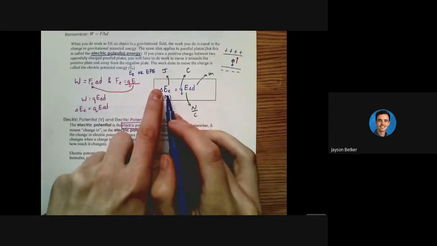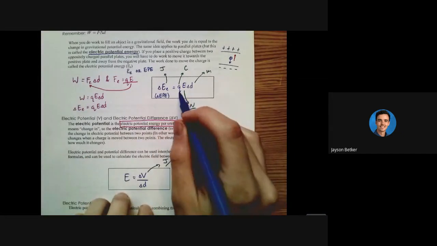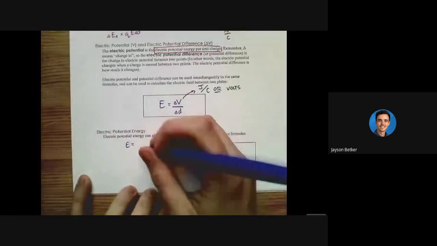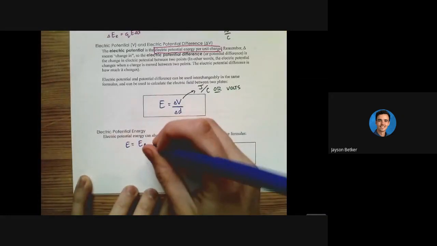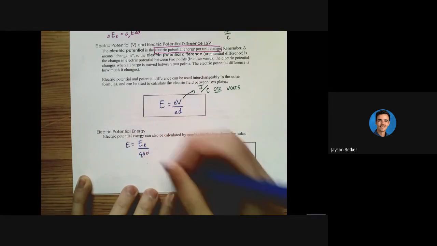So E from above is equal to the electric potential energy, E subscript E, divided by Q times delta D. I'm just moving those to the other side. So E is equal to E subscript E divided by Q times delta D.